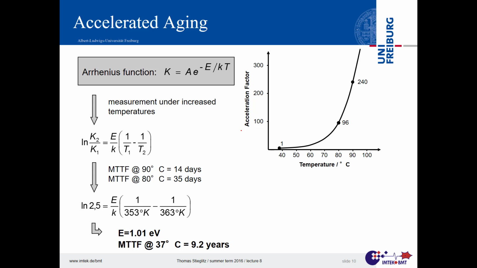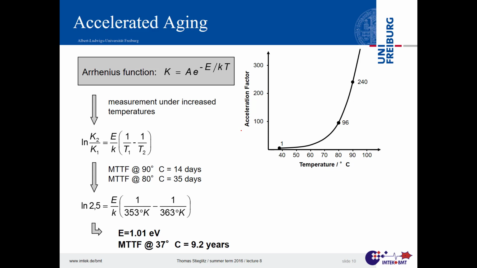That estimation of the activation energy is the main cause of failure. If you slightly are beyond the real number, that is easily a factor of 5 or 10. The rule of thumb that you find in many applications is plus 10 degrees means twice the failure rates.